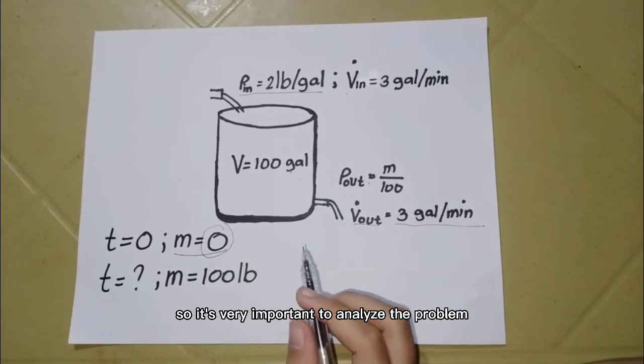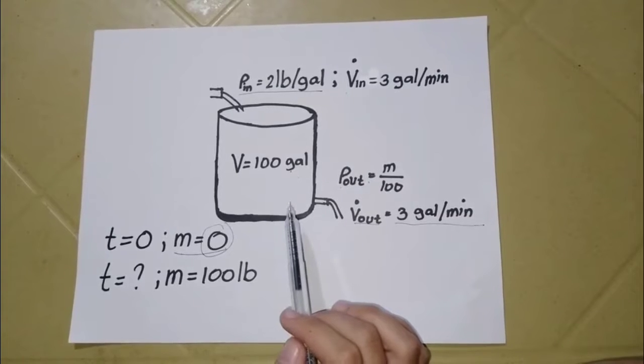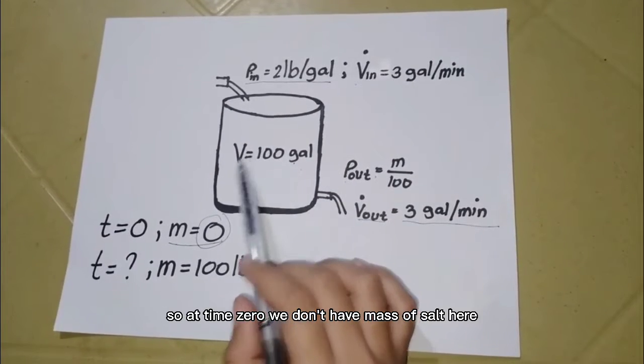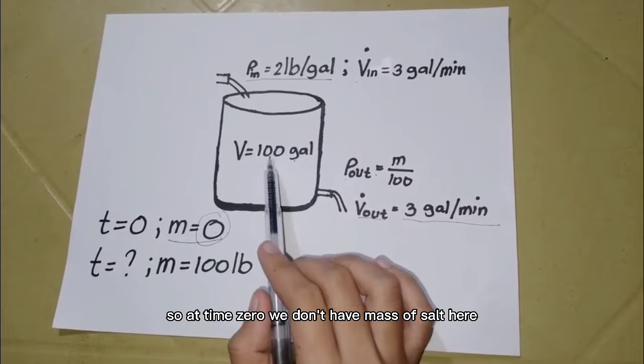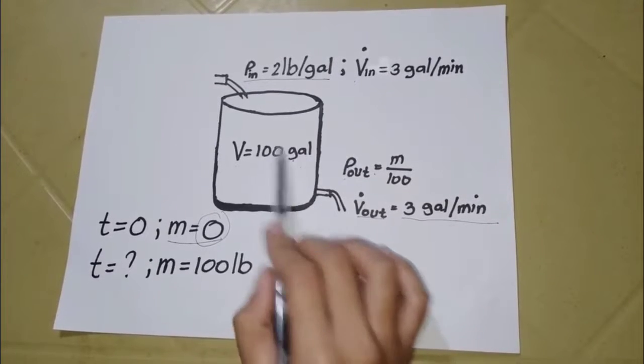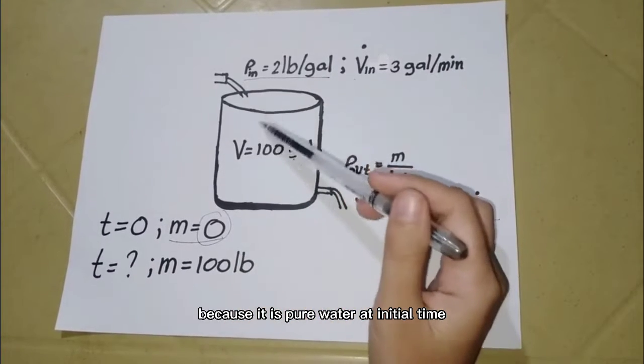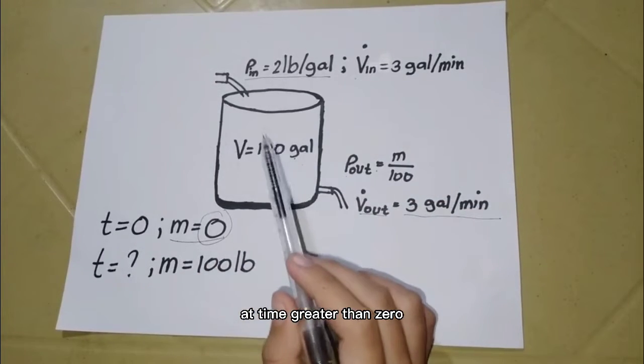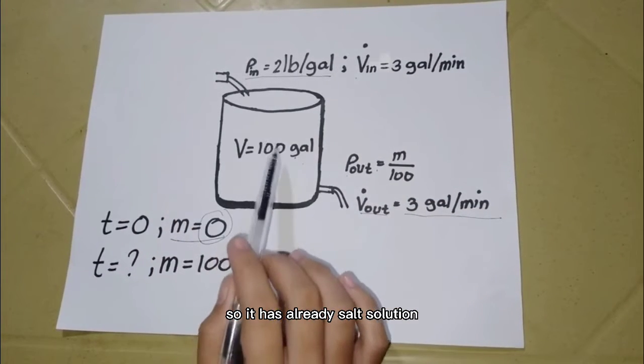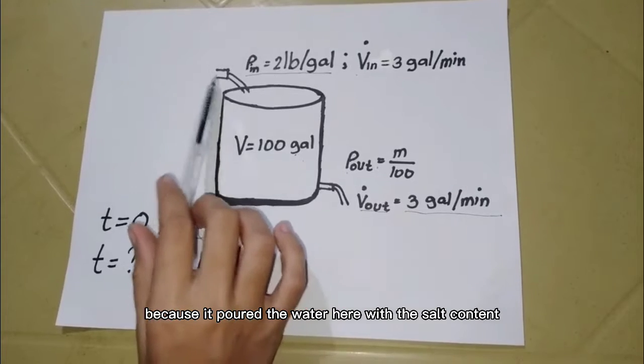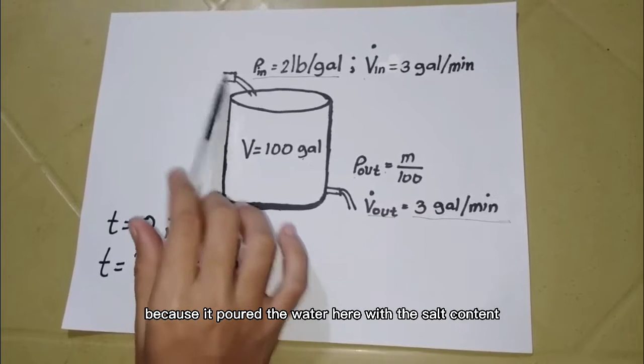So it's very important to analyze the problem. At time 0 we don't have a mass of salt here because it is pure water at the initial time. At time greater than 0, it already has salt solution because water with salt content is poured in.